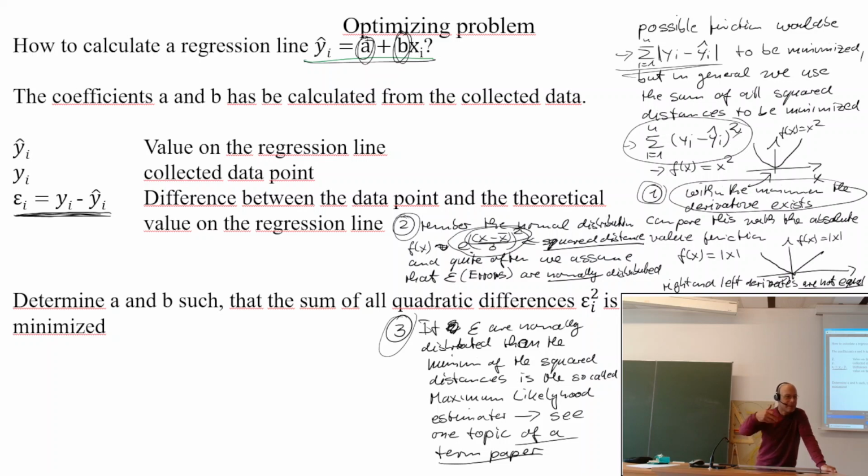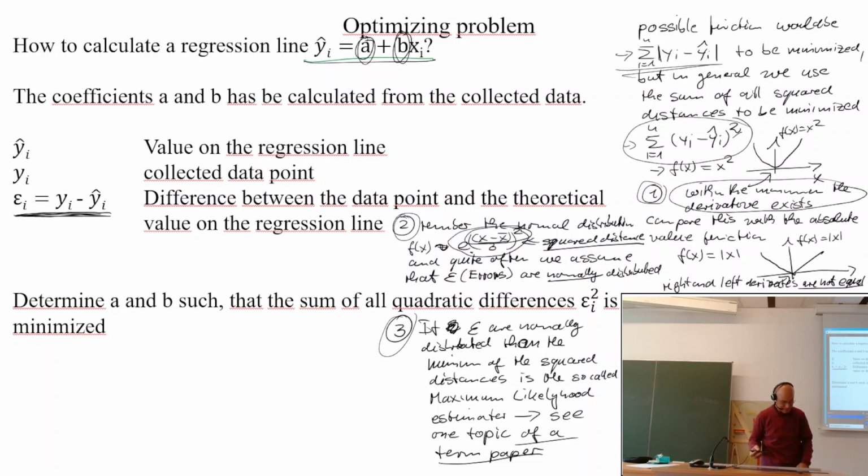So only because most people use the squared distances, you should always, if you're analyzing data, pose the question, in my case, is it also a good choice to use this? Well, we have here some general reasons why it will be quite often a good choice, but keep always in mind that it could be also better in some cases to use some other function.